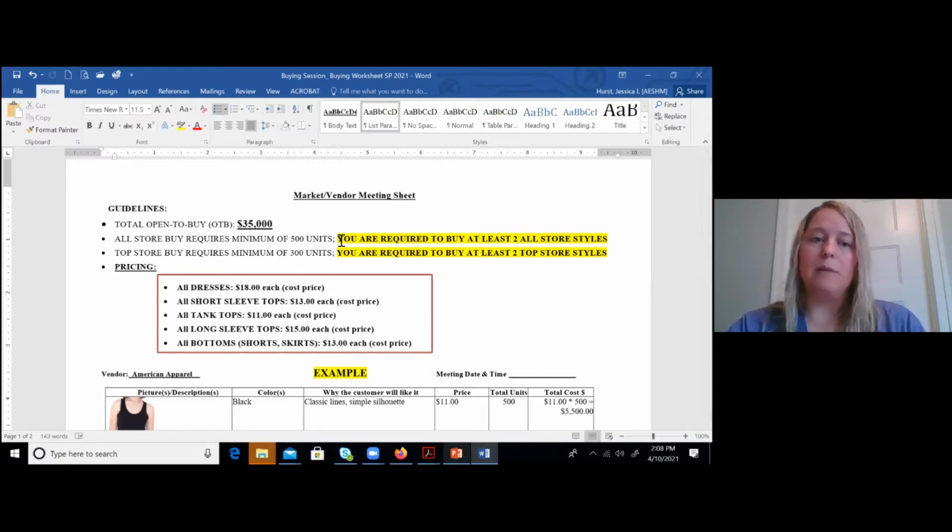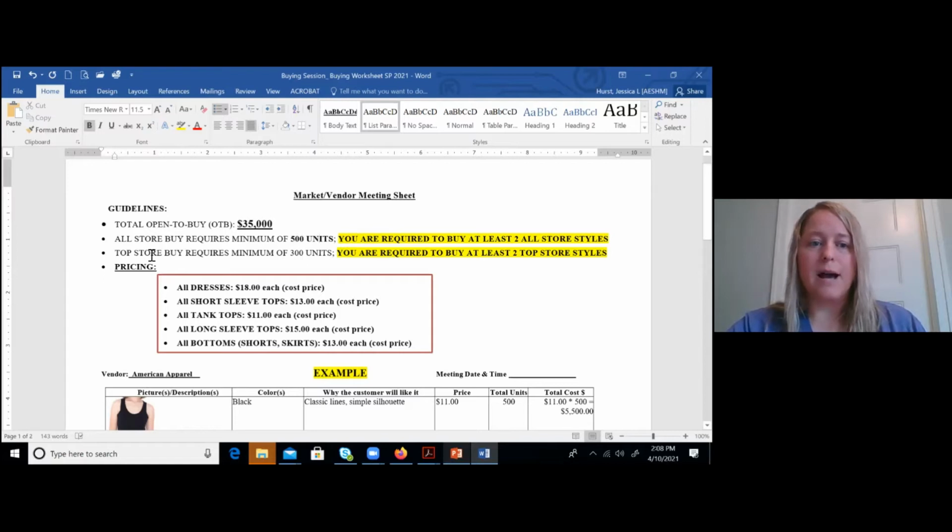So for example, we're going to give you a guideline here that an all store buy requires a minimum of 500 units, and you are required to buy at least 2 all store styles. So if one all store style is 500 units, then we have to buy 2 of those, 2 different all store styles, which each would take 500 units minimum.